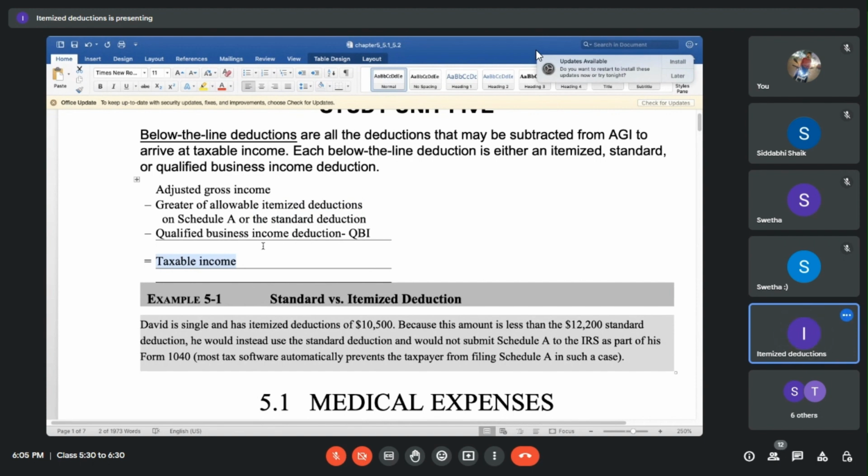But if we say that tax is $10,000, and there is an extra deduction of, say, another $5,000, deduction is different. What will deduction do? It will adjust your AGI, if it's above the line, or it will adjust your taxable income, and then your income gets reduced and you apply the tax slab to the reduced income.